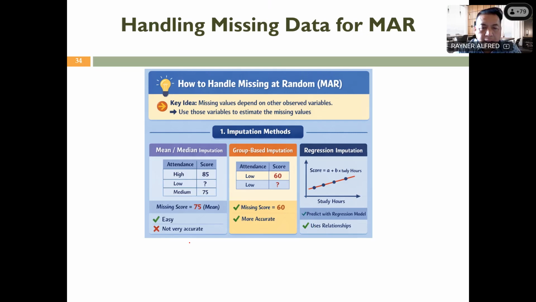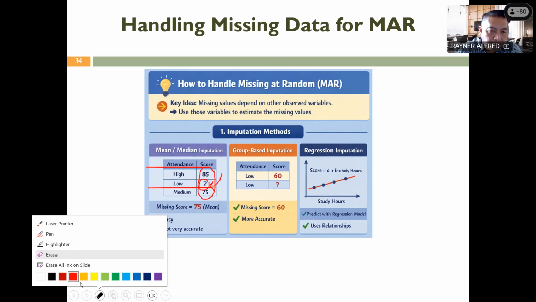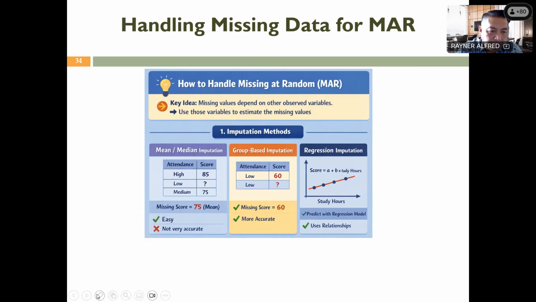So for instance, like this, we have scores 85, 75, and a missing value here. So how do we replace this value?